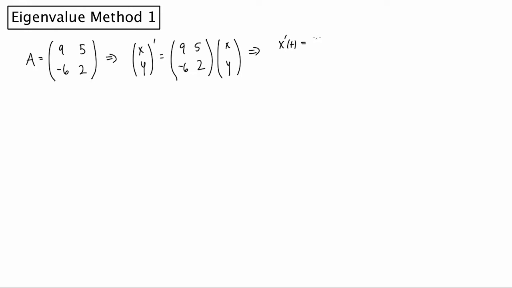So x prime of t equals 9x plus 5y, and y prime of t equals negative 6x and 2y. So regardless of how you're comfortable looking at the systems, whether in matrix form or system form, it all comes back to what the coefficient matrix actually is. So if this is my coefficient matrix, it completely describes the system, and what we're going to undertake now is the eigenvalue method for solving that system.